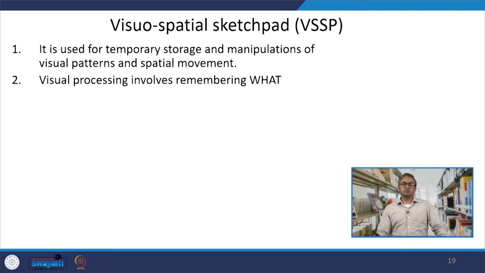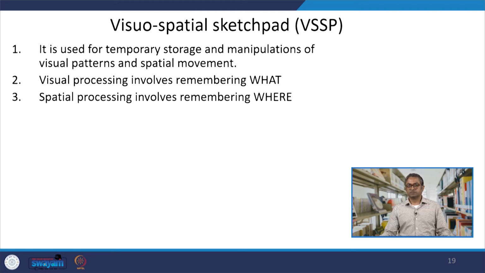This Visual Spatial Sketchpad also pays more attention to the what system, remembering what it is. And then localization, where is it? So visual processing, what is it? And then localizing it, spatial information, where in space this exists.